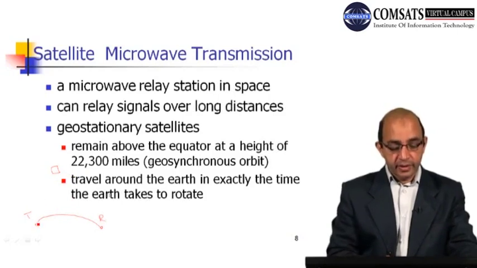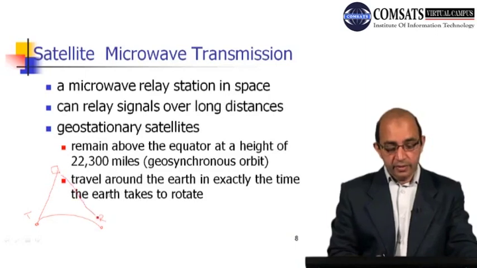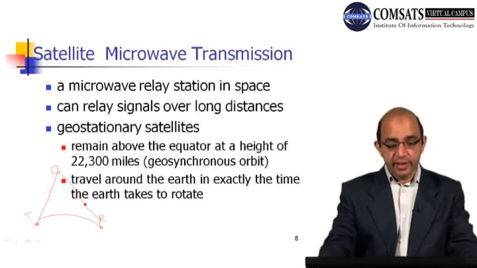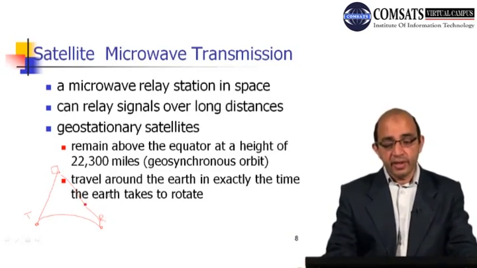So what can be done in this scenario: the transmitter will transmit the signal, right? And this satellite will repeat the signal and transmit it again here. So we need a satellite that is relaying the signal between.